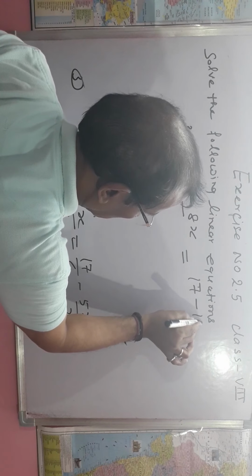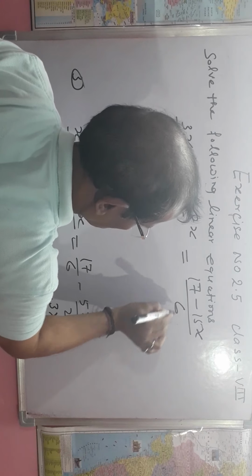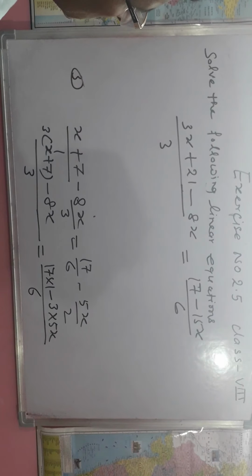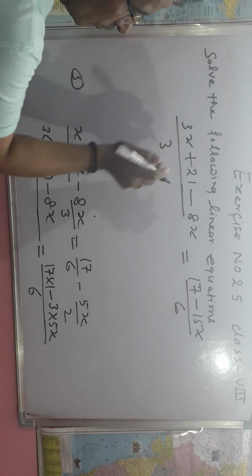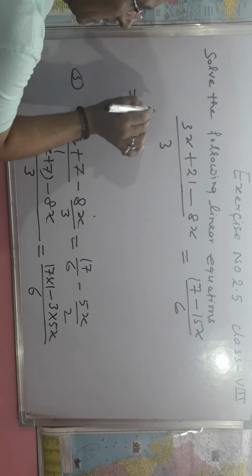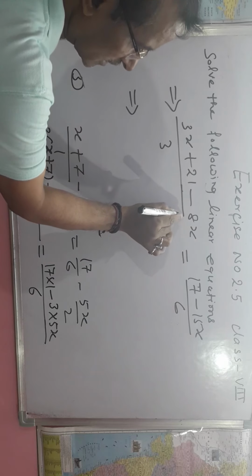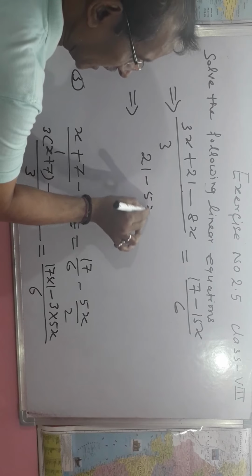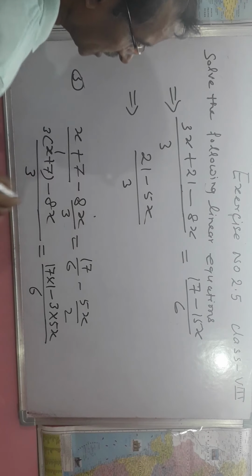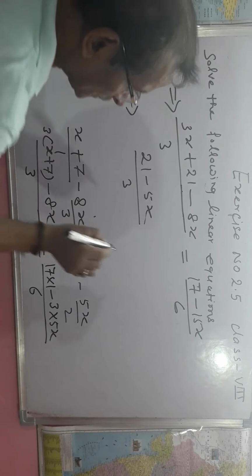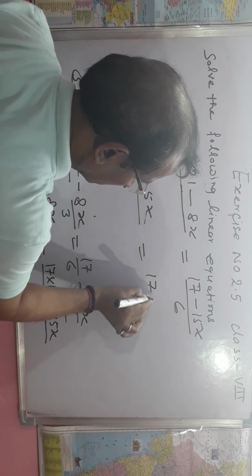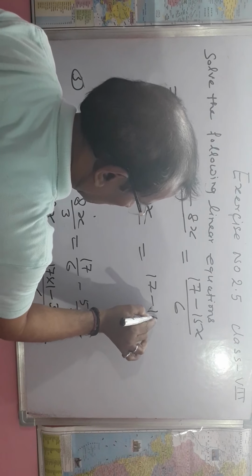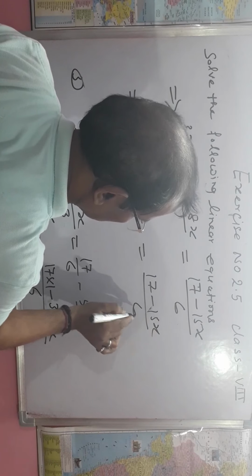17 minus 15x upon 6. Now we get 3x minus 8x, 21 minus 5x upon 3 is equal to 17 minus 15x upon 6.